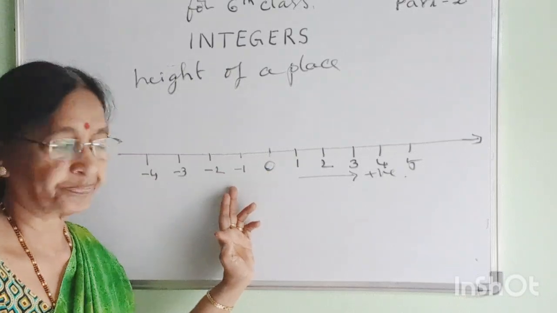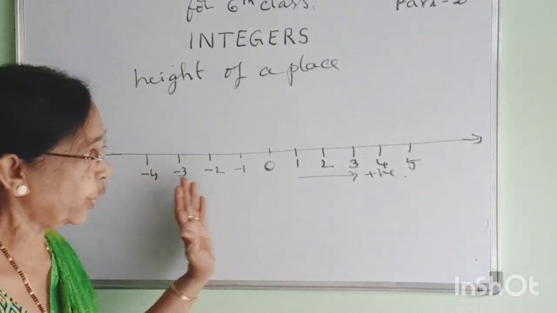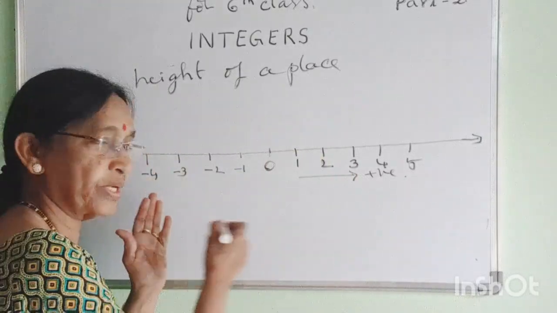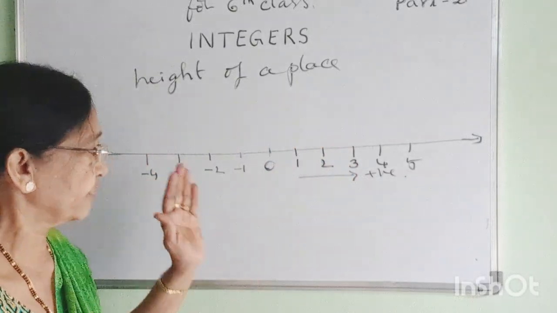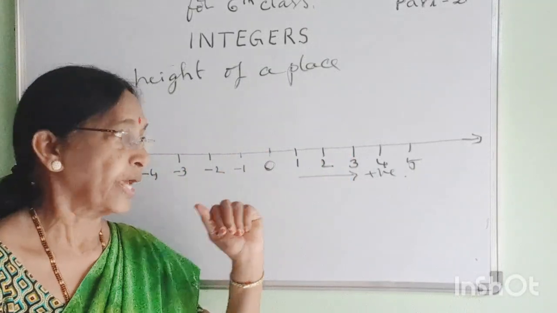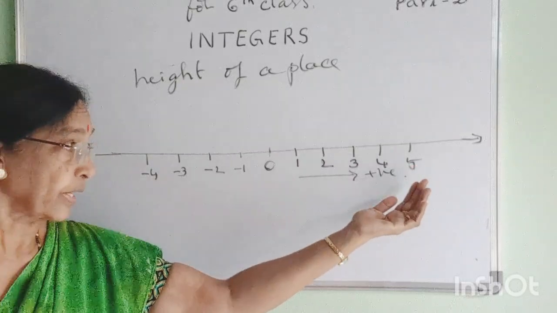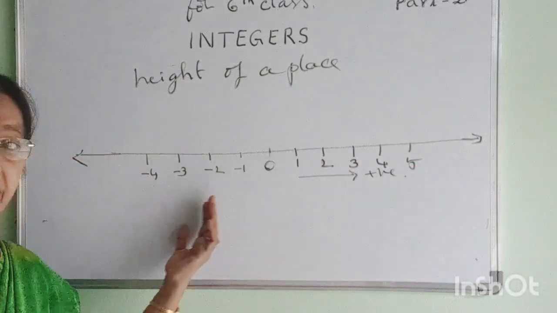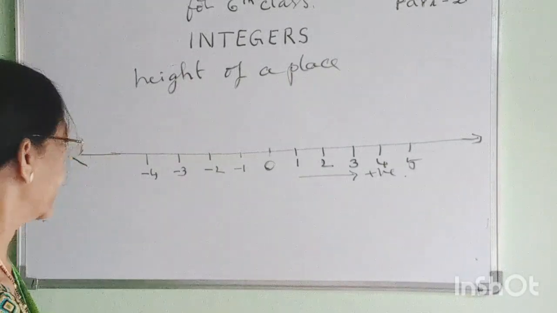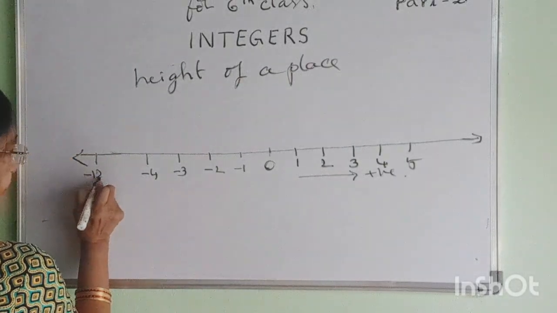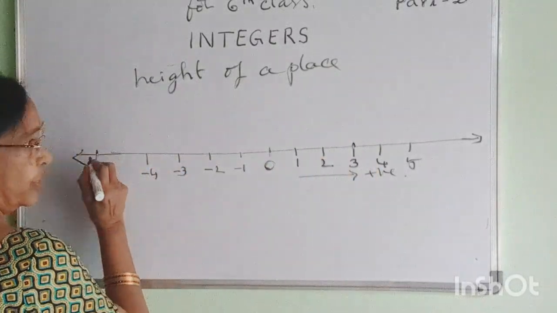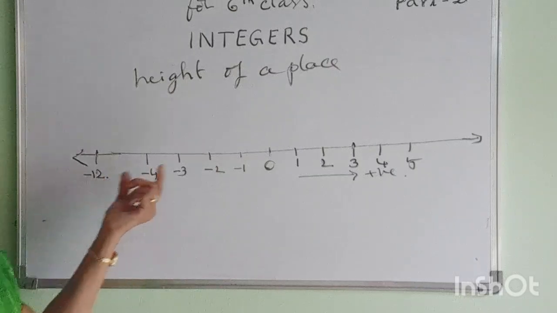Thus, for any number on the number line, the numbers on the right hand side are greater than that number. As we go from left to right, the numbers are increasing, so the numbers are in ascending order. As we go from right to left, the numbers are in descending order. Thus we can easily compare numbers. Suppose there is minus 12 and there is 3. Which is greater, minus 12 or 3?